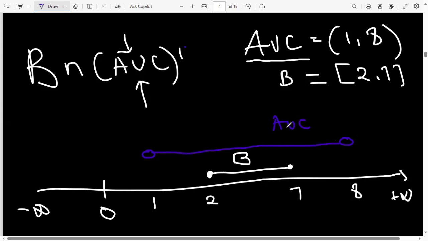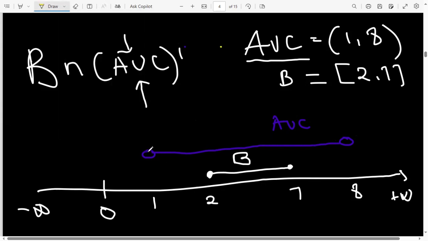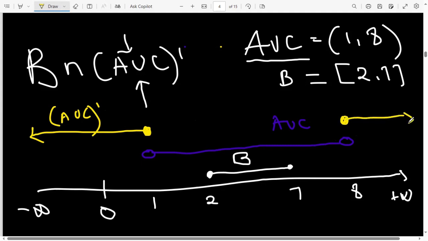But we are not interested in A union C. We want its complement. Its complement is going to start at the endpoints. Notice that at this endpoint the circle is open, so on top I'm going to draw a closed circle, and it goes this side. This is one part of our A union C complement. The other one starts from 8 all the way to positive infinity.